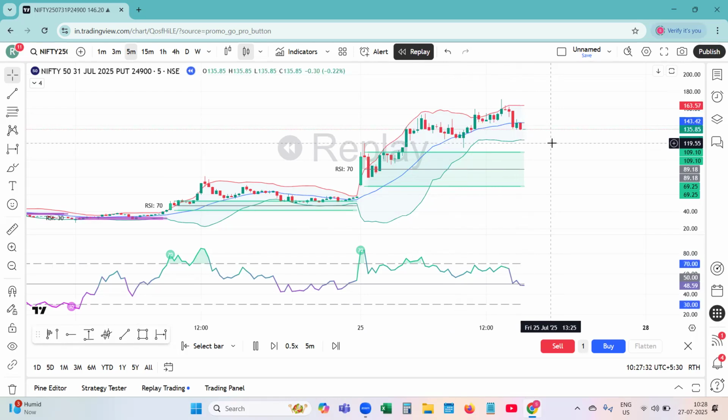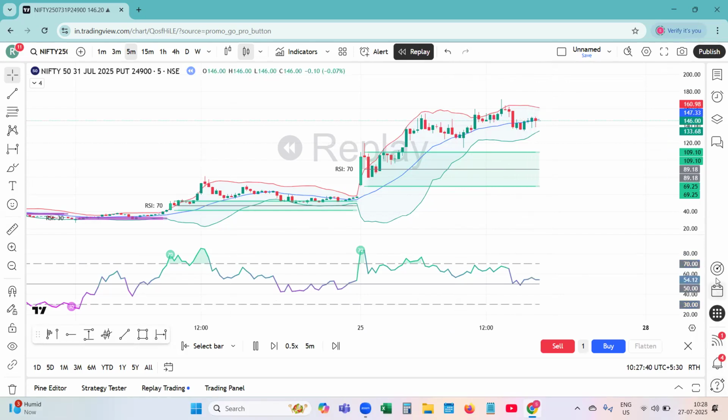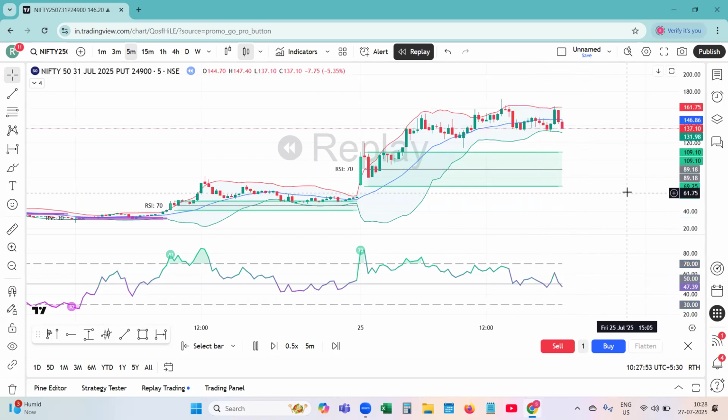You can see one more range plotting. Probably on Nifty it had plotted. Let us see whether it has been plotted. Any bullish range is plotting, because now the time is around 12 or 1 o'clock. See the price action. It is 161.